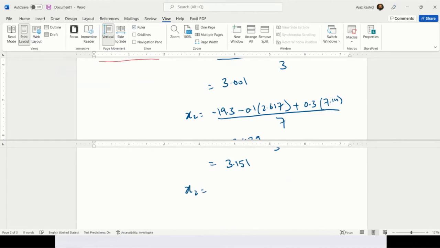And x2 is minus 19.3 minus 0.1 into 3.001 plus 0.3 into 7.006.